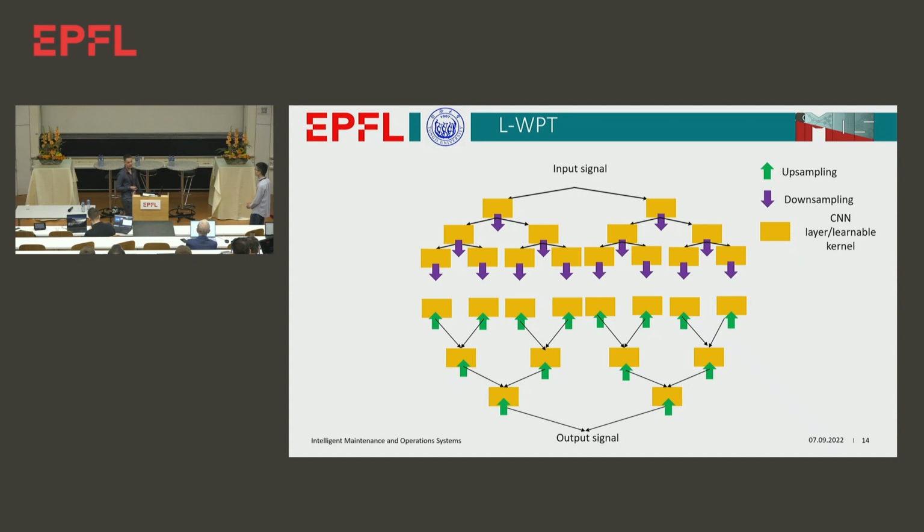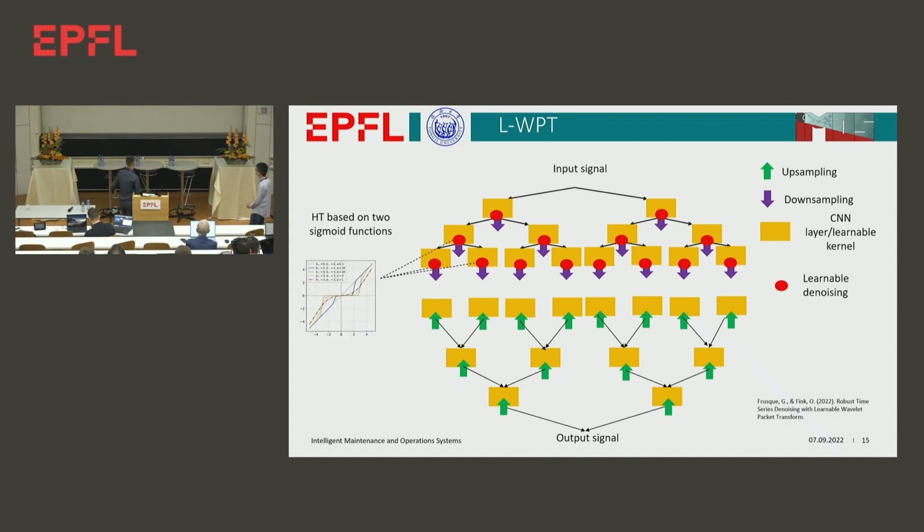And what we add is some activation function at the output of each filter, and that performs the learnable denoising. So we don't use a hard threshold function directly, but two sigmoids, because it's easier to use in a network architecture.